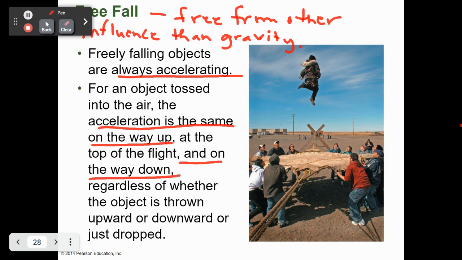Okay, so if I take this ball and I throw it up, the acceleration going up is the same as the acceleration coming down. Whether I drop it, or throw it up in the air, it's the same.